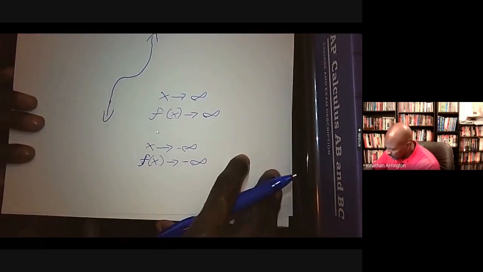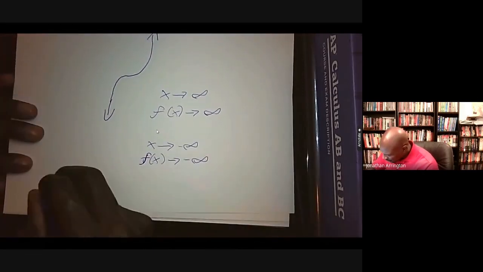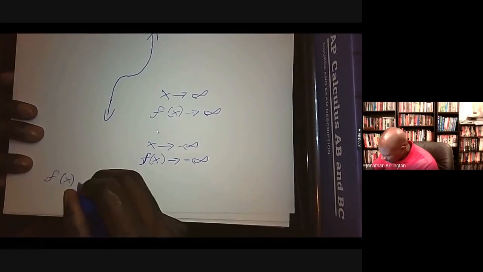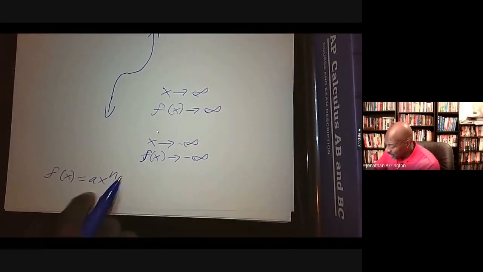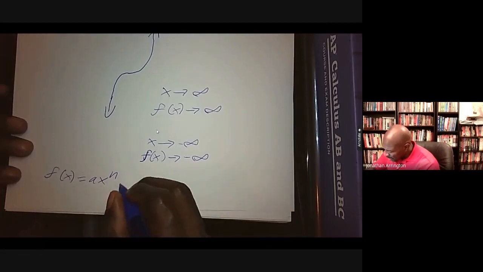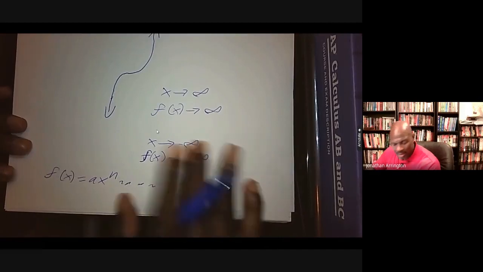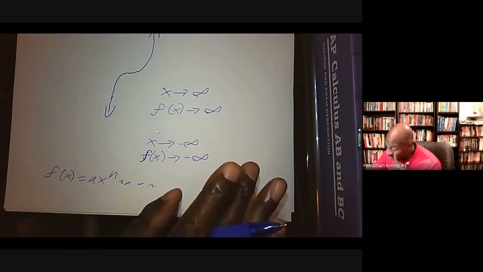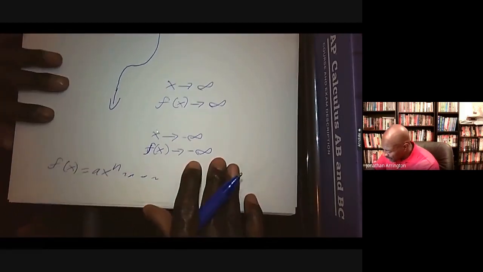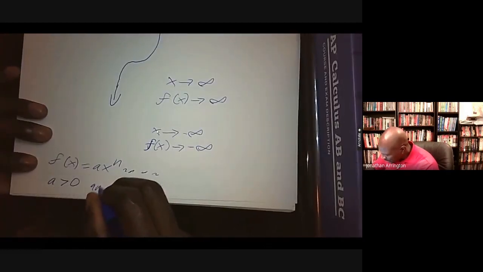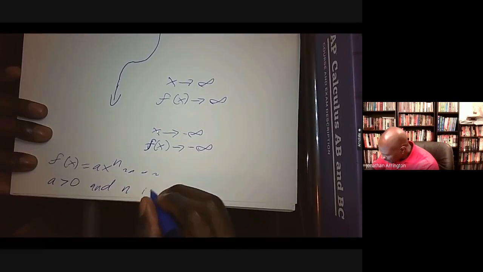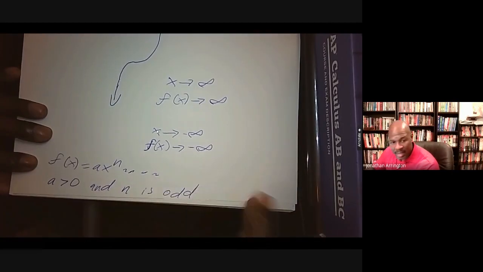Now, this, of course, is the case of some function f of x equals a x to the n. And when I write the function as a x to the n, I'm understanding that there could be other stuff after it, but the other stuff is irrelevant as far as its effects on end behavior. And this is where a is greater than 0 and n is odd.